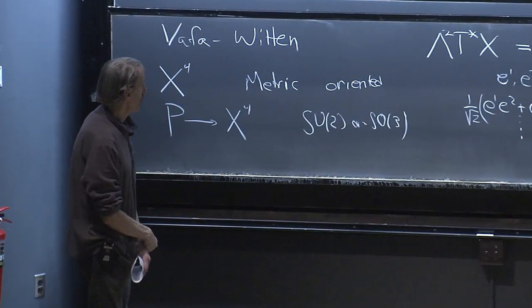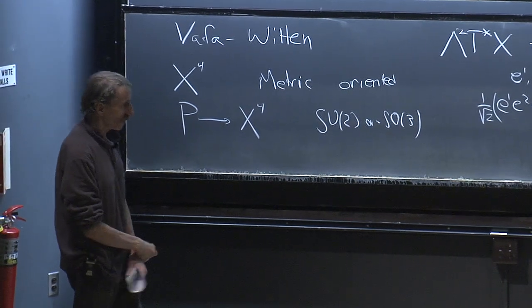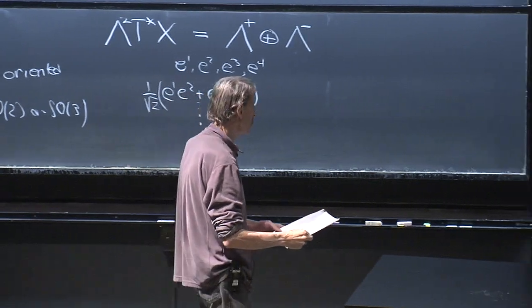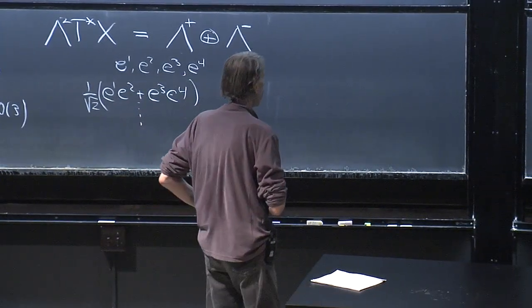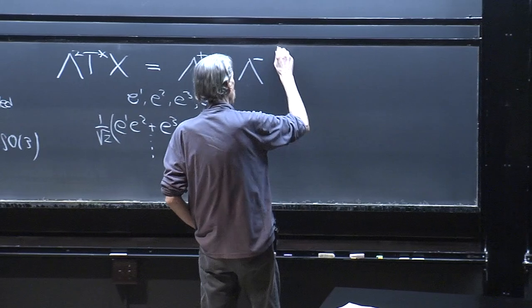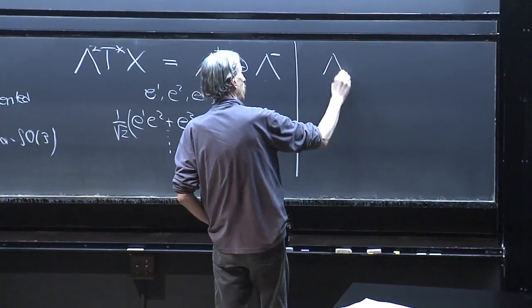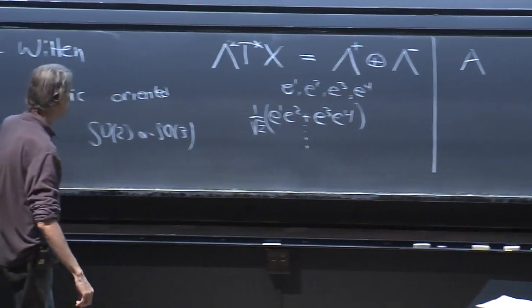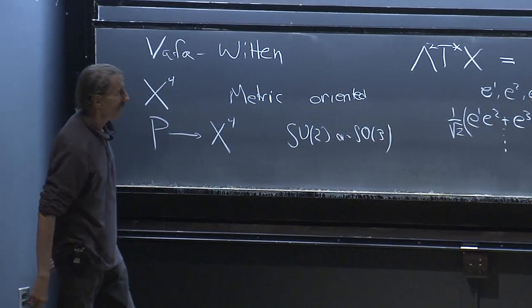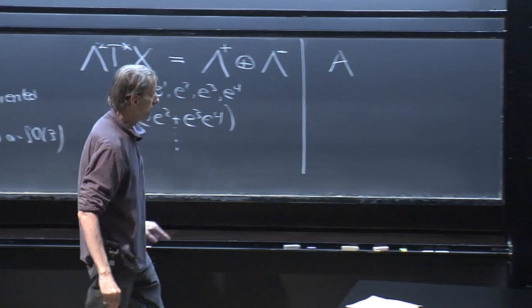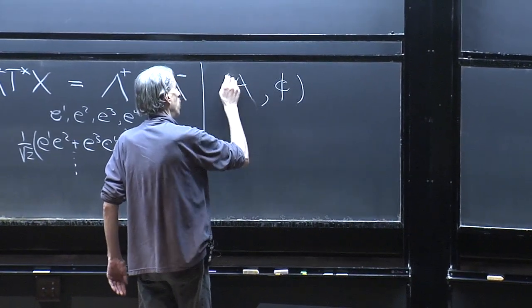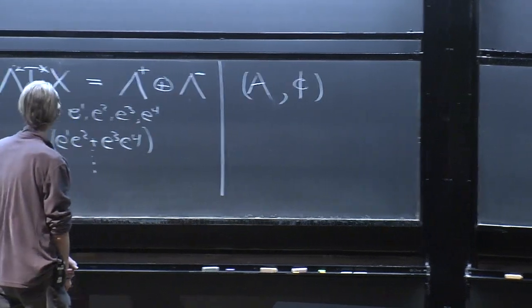So that's the realm, and then what we're going to be interested in is solutions to a differential equation. The equations we're interested in are equations for a pair of objects. The first object is a connection on this principal bundle. And then the second object I'll call phi, which is going to be a section.